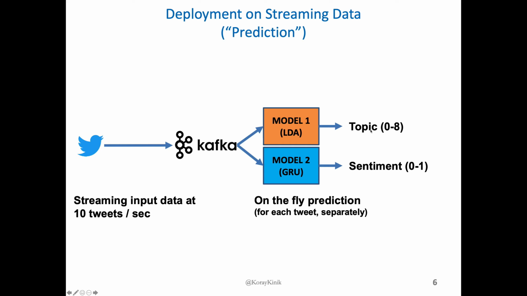Model one is predicting the topic. It is unsupervised, so I don't want to say predict in the strict sense, but it assigns probabilities for each topic for that text. And in parallel, the binary classifier predicts the sentiment of each tweet one by one.